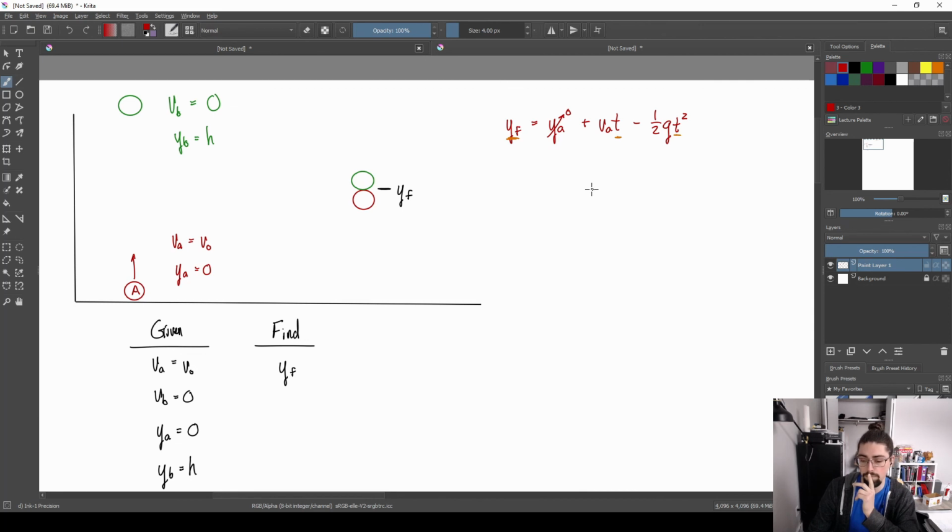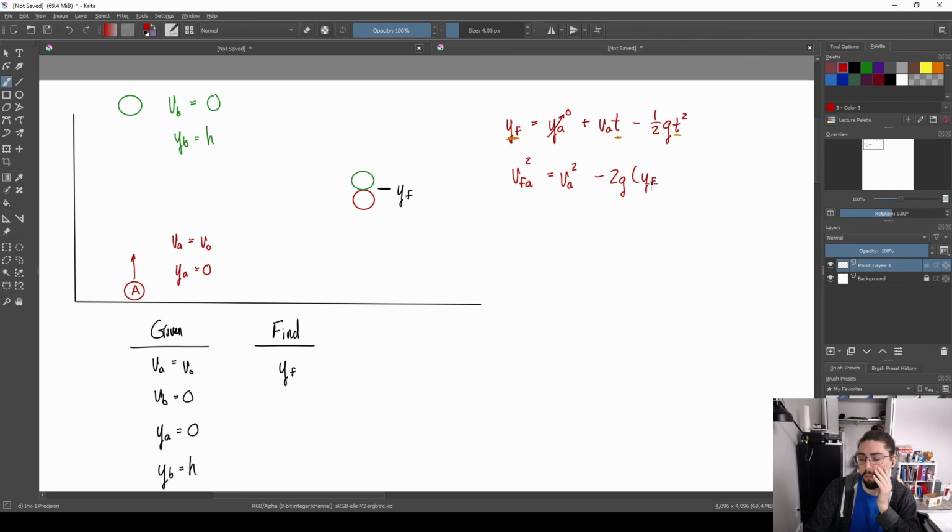Let me look at the bottom one, because typically if I don't have anything on the top one, like that middle one for velocities, I'm interested in position, right, in some way or another. So let me say, all right, well, let's take the final velocity of ball A, so that's v final of A squared, would be equal to my initial squared minus 2g, and the delta y here, final minus initial.